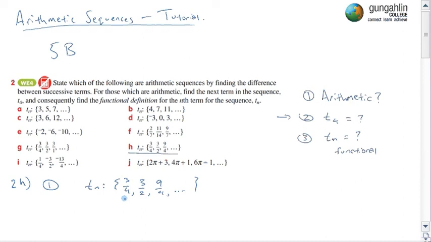To work out whether or not this is arithmetic: a sequence is arithmetic if the difference between each set of successive terms is the same.